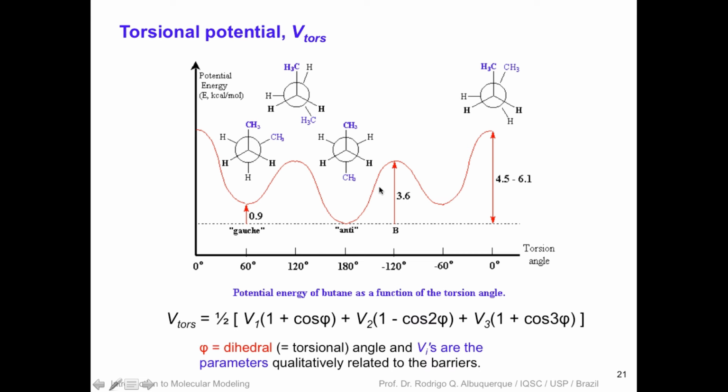One of them is shown here, where the torsion potential is given by this expression, where V1, V2, and V3 are three parameters, and the variable is the torsion angle, which is repeated here and here. So this angle is a dihedral or torsional angle, and the V's are parameters qualitatively related to the barriers.